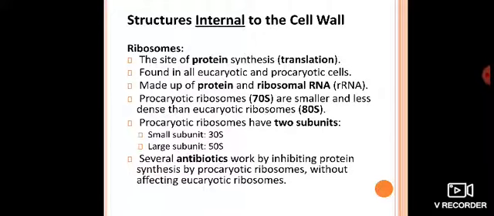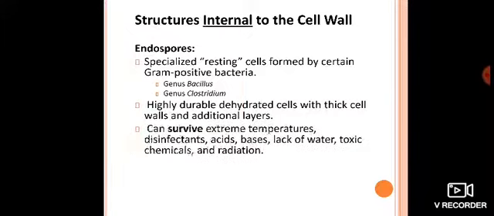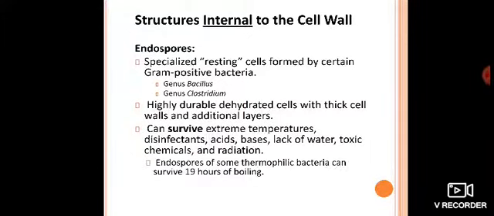So they only inhibit the prokaryotic cell and will not produce any effect on the eukaryotic cell. We can observe this in this slide. Now next is the endospore. This is also a very important point. Let me see it in the next point, the endospore.